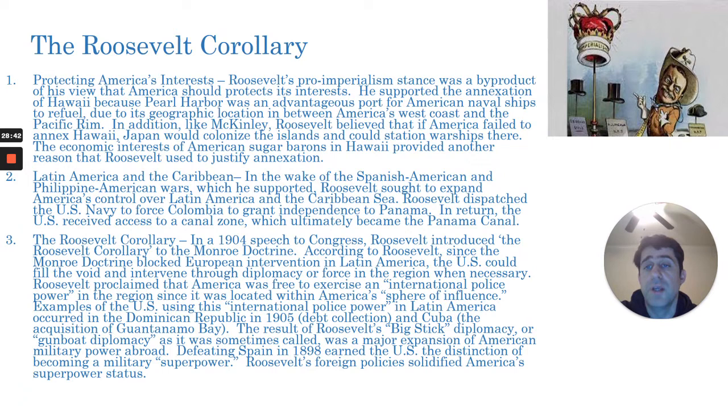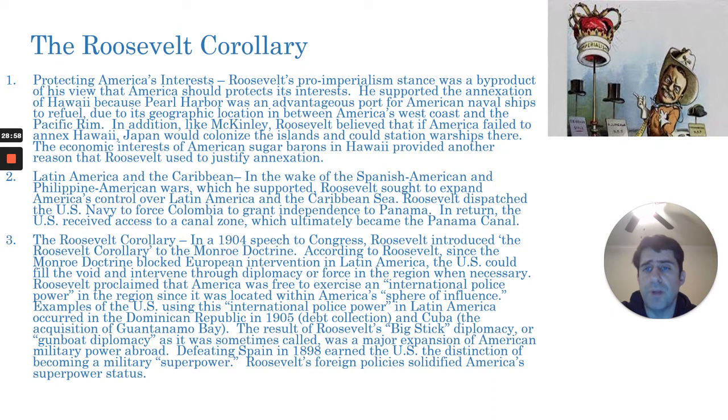It was strategically located in between the west coast of America, California, and the Pacific Northwest, and the Pacific Rim of Asia, China, Japan, and other countries in the Far East.